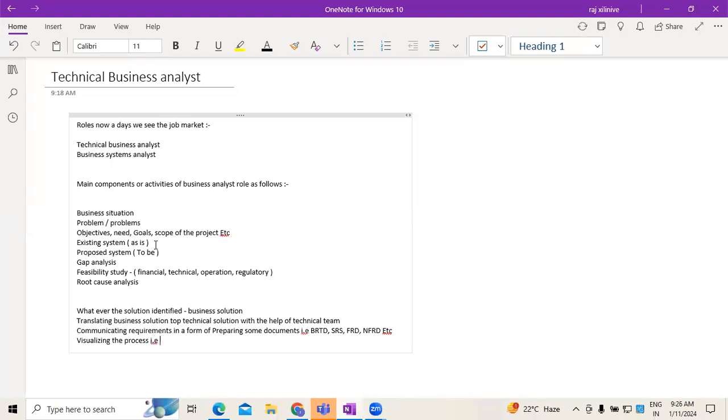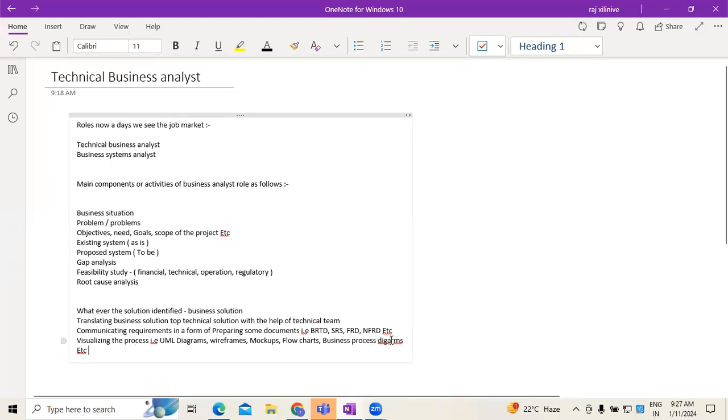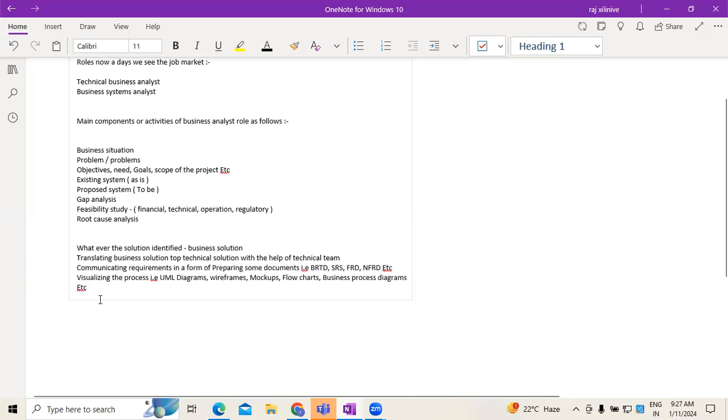I mean, preparing some UML diagrams. Next, wireframes. Next, mockups. At the same time, flow charts and business process diagrams. These all come under the visualization process, whatever visualization we want to do.